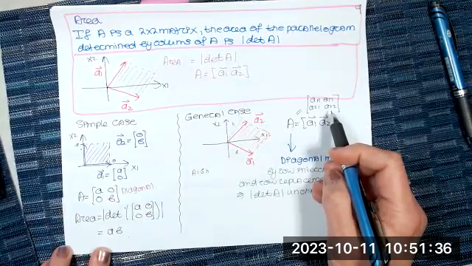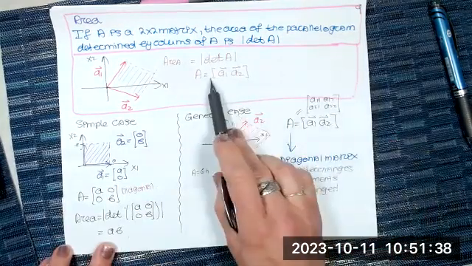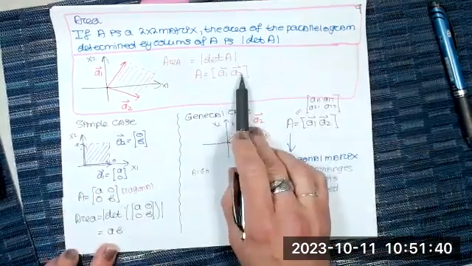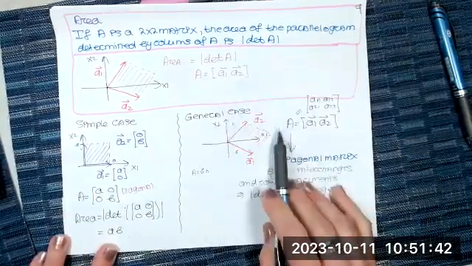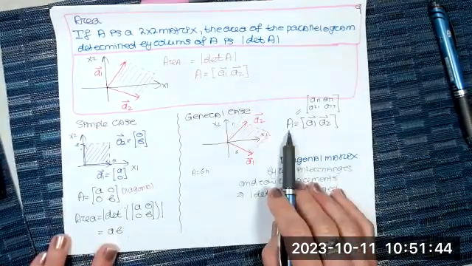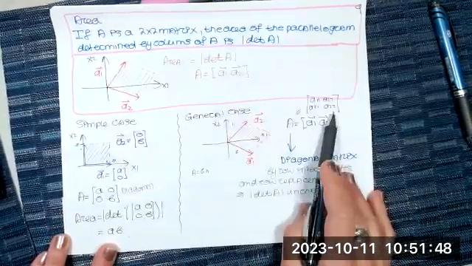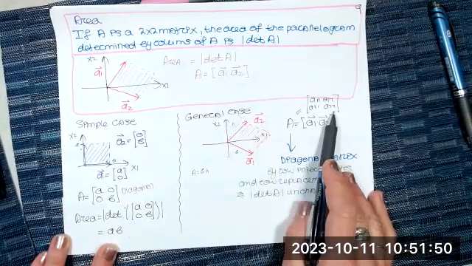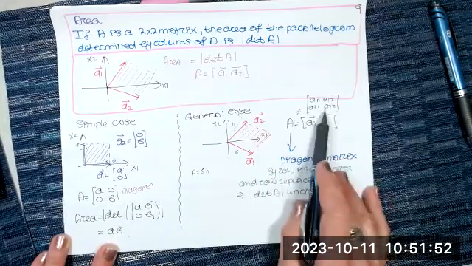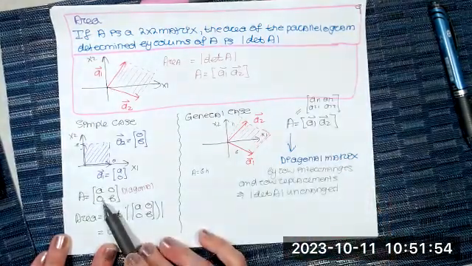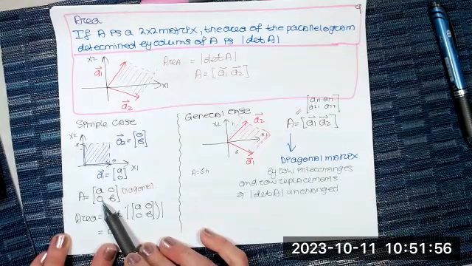So if the columns of my matrix are linearly independent, my matrix A is invertible, so I will have pivots in every row and in every column. So I can do elementary row operations to convert this matrix to a matrix that is diagonal.